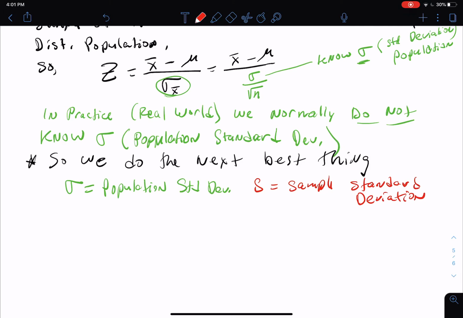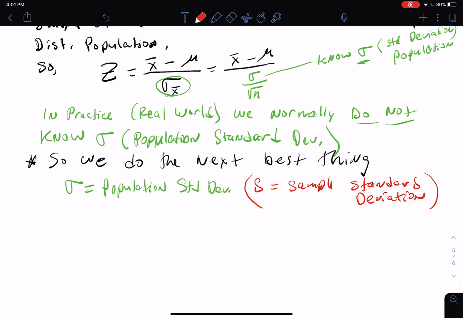Okay, so that's our new variable. S represents the standard deviation for the sample, and because it's a finite sample of size n, we can definitely figure out the standard deviation for that, just like we could figure out our sample mean, x bar.